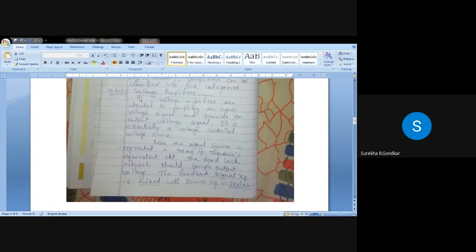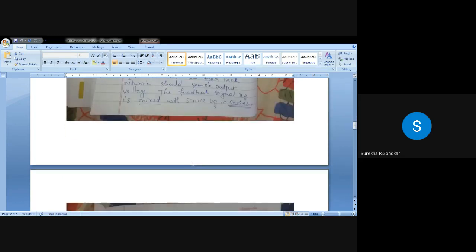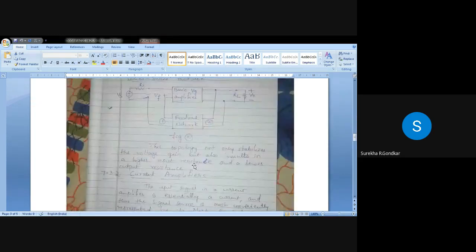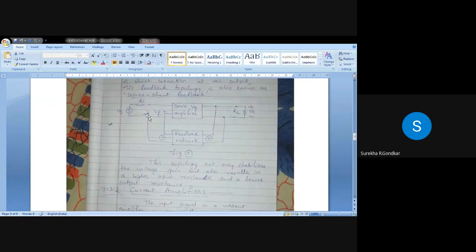Now what is the advantage of this voltage amplifier? It will stabilize the voltage gain of the amplifier. Now how this is done, I have shown in this diagram. The input quantity is voltage, and the output which you are sampling is also voltage. How are we mixing the feedback signal with the input?